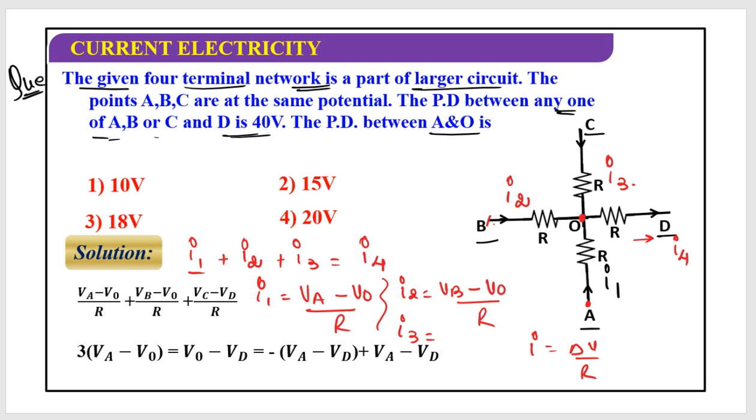I2 is VB minus VO divided by R. I3 is VC minus VO divided by R, and I4 is VO minus VD divided by resistance R.